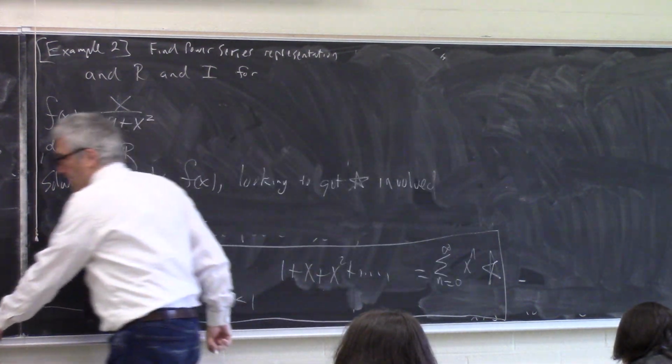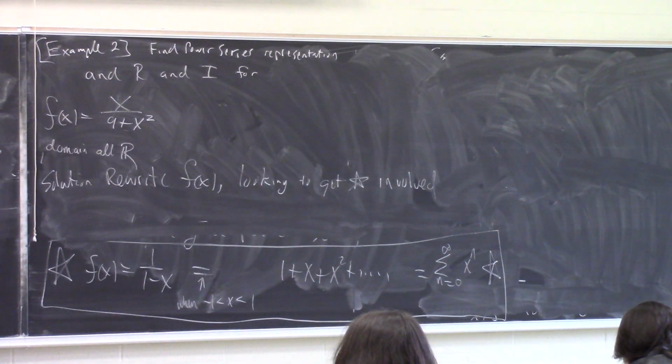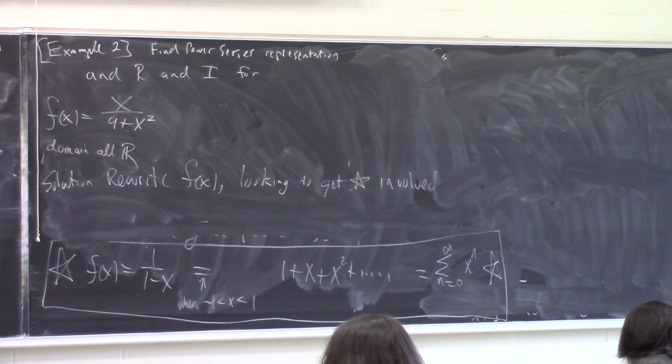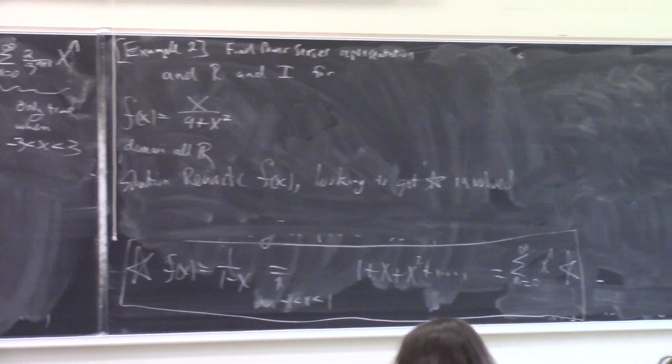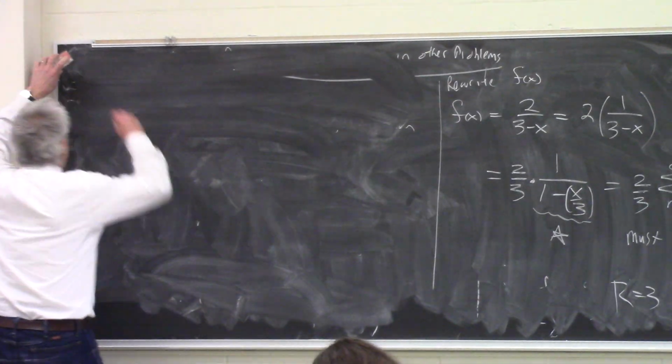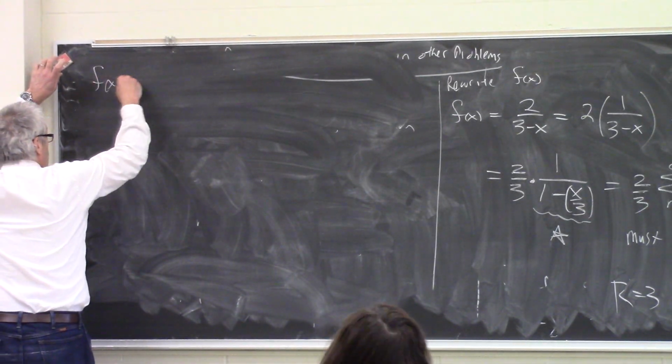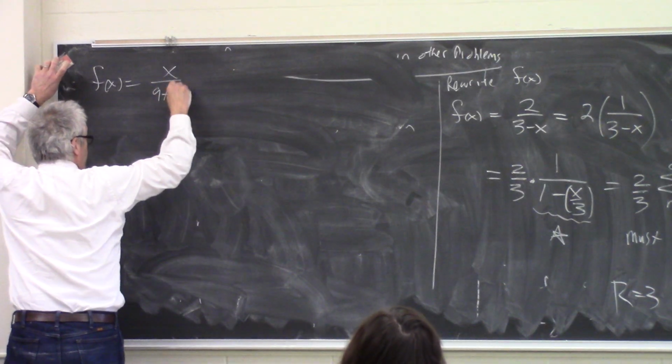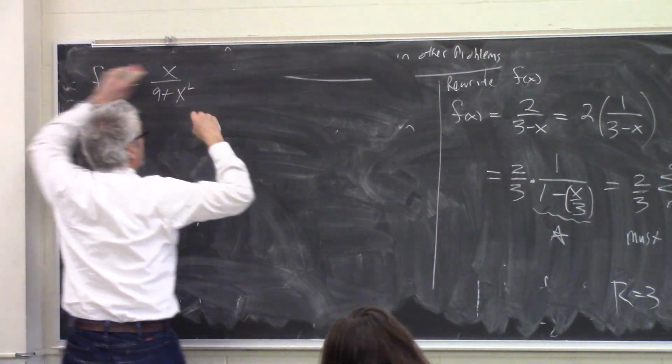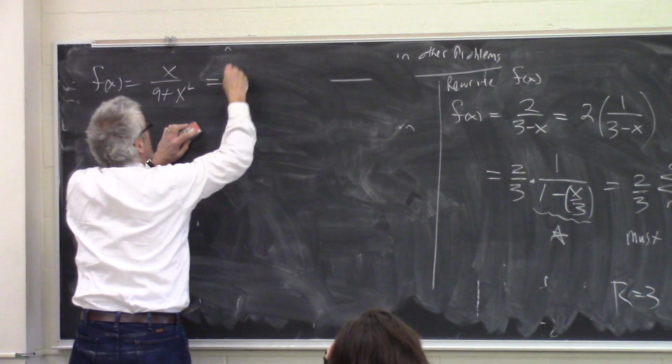So you can keep writing down your page. I'm going to come over here. f of x equals x over 9 plus x squared. So right away, I realize I want to pull that x out front.